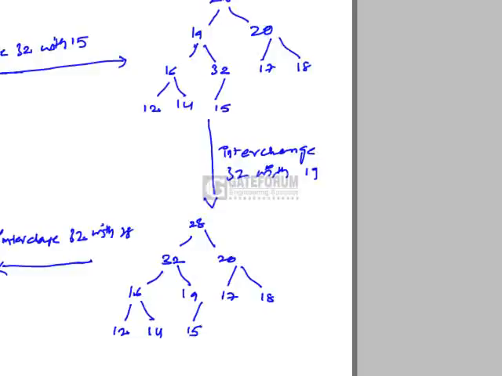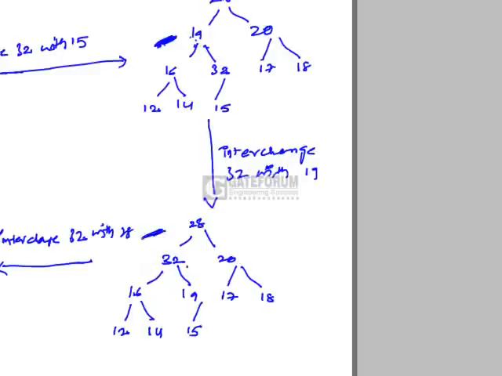As this is a max heap, we have to interchange 32 and 15. If we interchange 32 and 15, we will get the tree as this one. And here we have to interchange 32 and 19, because this is a max heap. So if we interchange 32 and 19, we will get the tree as this one.